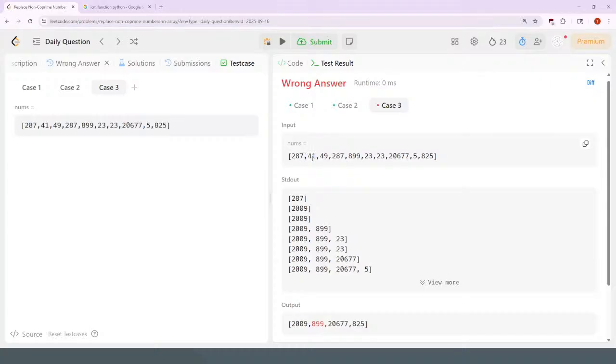This is actually 7 times 41, so there's a common factor, which is 41. Therefore they get replaced with 2009. And same thing here, there's a common factor of 41, 2009. And then this thing probably has some common factor.